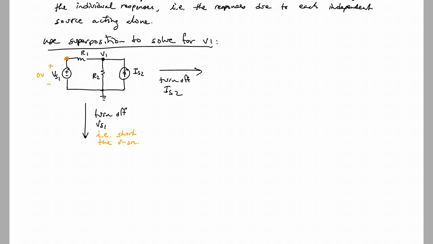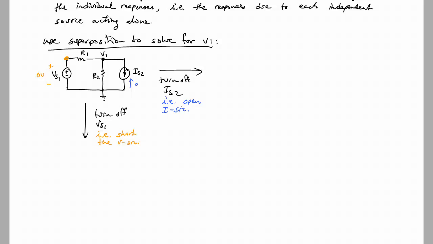And similarly, when you turn off a current source, the current here goes to 0. And when you turn off a current source and there's a 0 current flow, then that's equivalent to if there was no path at all. So turning off IS2 is, in other words, you open the current source.